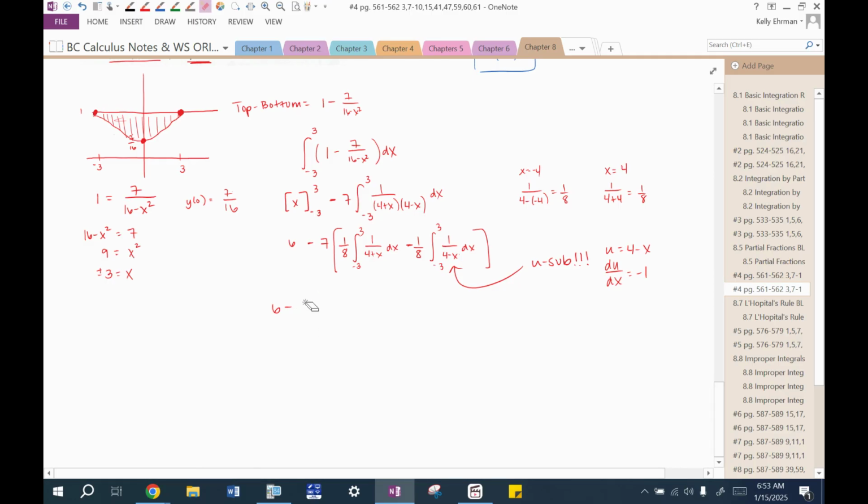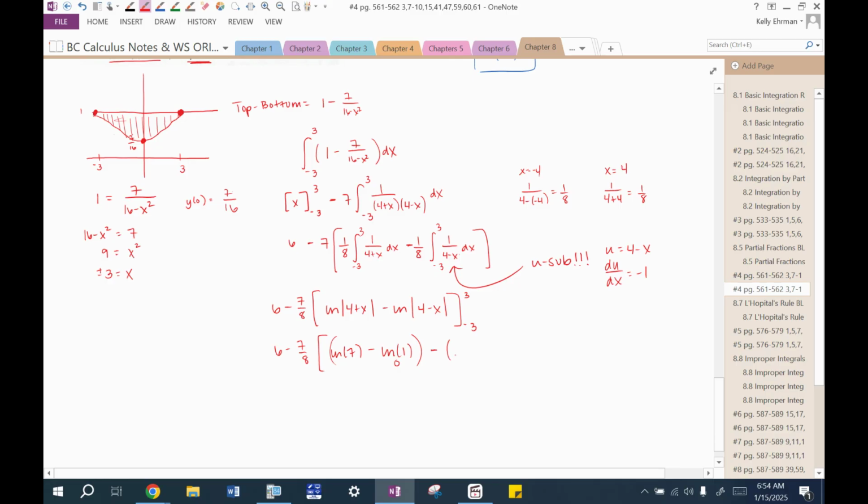All right, and then this becomes 6 minus 7 times, oh, you know what? Let's just pull out the 1/8. So minus 7/8 times natural log of absolute value of 4 plus x minus natural log of absolute value of 4 minus x from -3 to 3. And that's 6 minus 7/8 times, so let's plug in 3. Natural log of 7 minus natural log of 1. Remember, natural log of 1 is just 0.